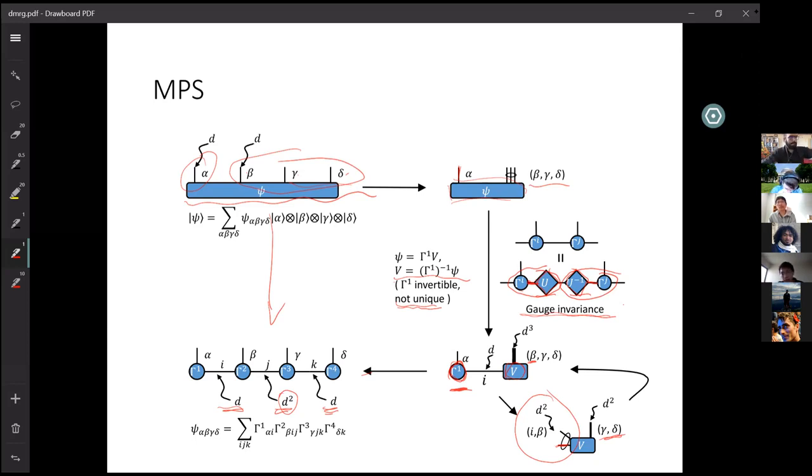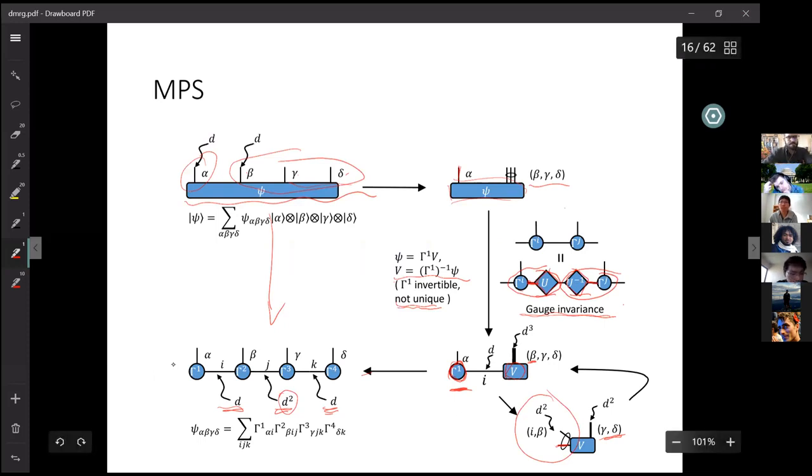So although you only need to store order n tensors, each tensor costs you an exponentially growing space to store.